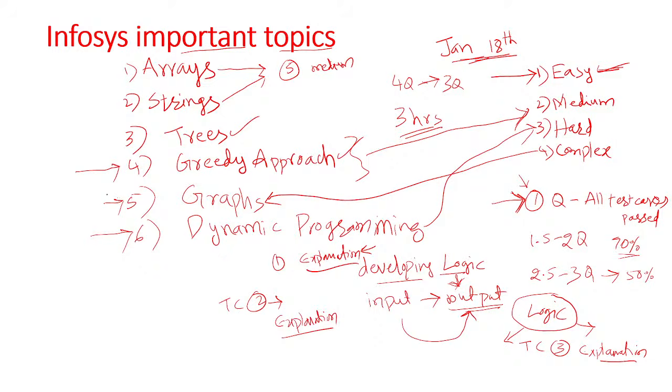Generally, what kind of problems does the greedy approach cover? It is just like maximizing some quantity, or minimizing the cost. These types of problems can generally be solved using a greedy approach.